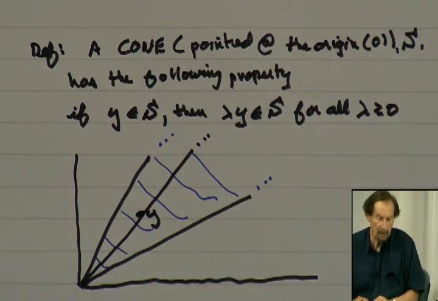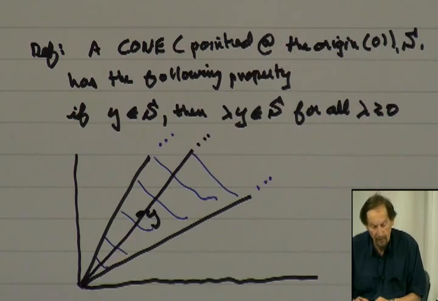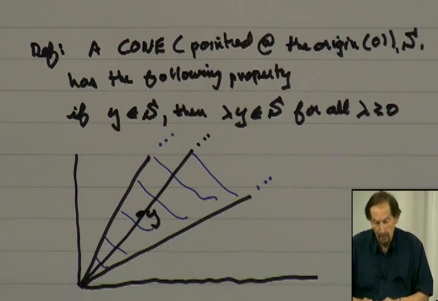So for any point in the cone, the straight line through it is always in that cone for all lambda greater than or equal to 0. Now this general cone pointed at 0 would be a great cone to get if you were getting ice cream, because it goes on and on forever. Unfortunately, ice cream cones stop off, so you can't get everything.